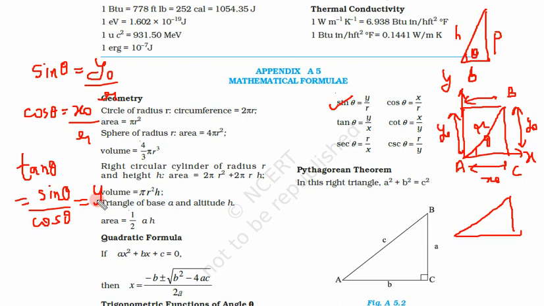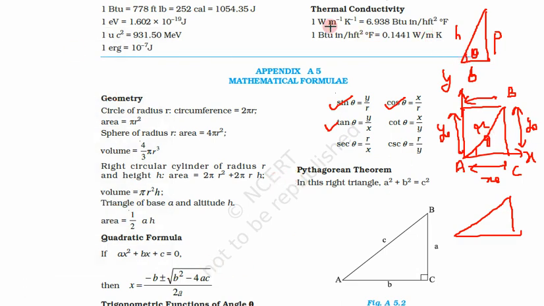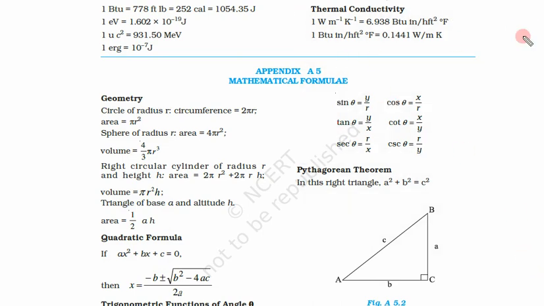So tan theta is y upon x, cos theta is x upon r. In this way we learned about trigonometric identities. Now these are three important identities: sin theta, cos theta, tan theta.